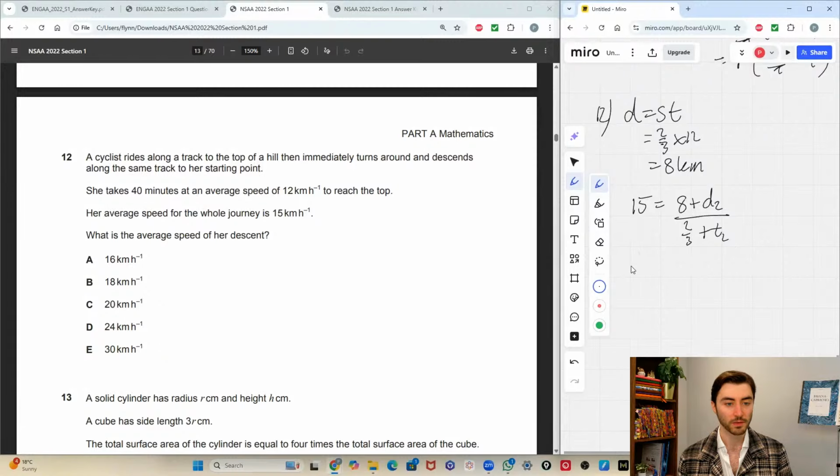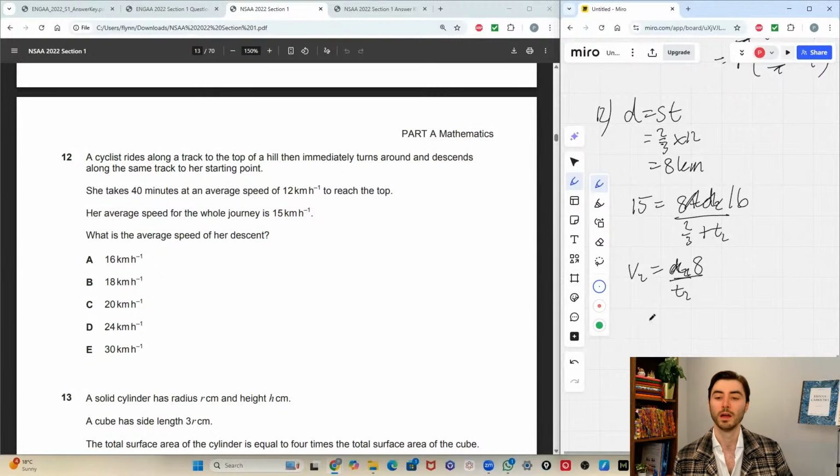And the average speed of her descent is going to be d2 over t2, which is 15. No. And then descends along the same track to her start point. So it's the same. So the total distance is 16. And she travels 8 kilometers back down in time t2. So this will allow us to work out t2.